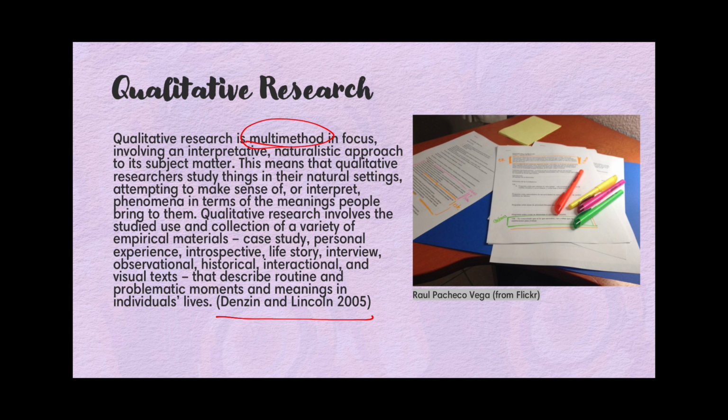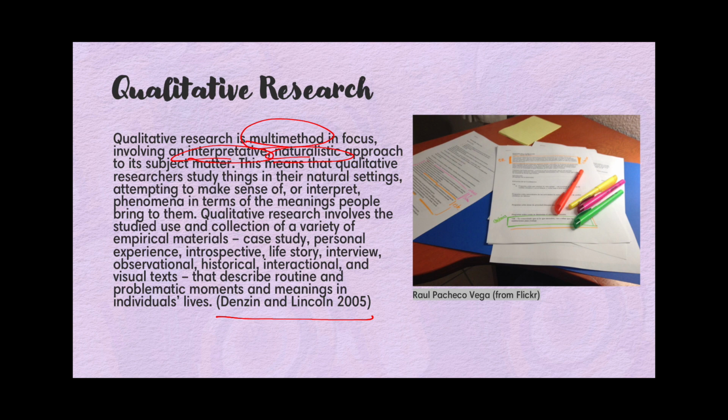It involves interpretations, meaning the interpretation is coming from the researcher as the instrument, not an external standard. And it's naturalistic, meaning you don't divorce the phenomenon from the context, as I explained earlier.